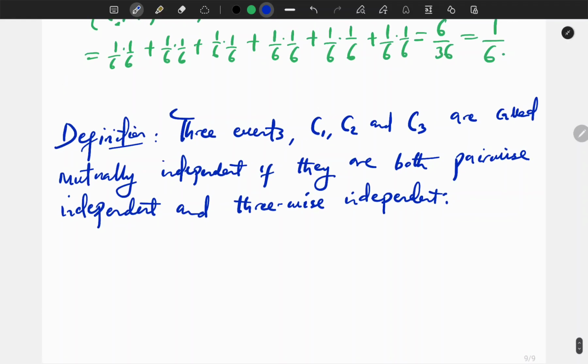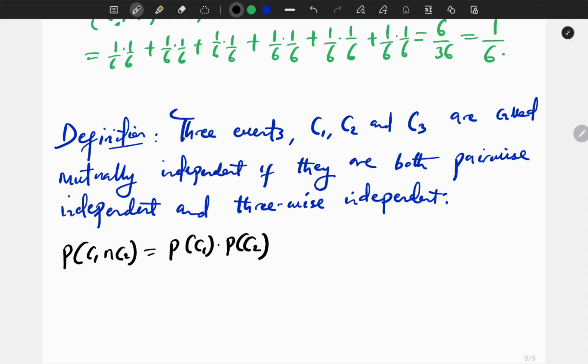So what do we mean by that? The probability of C1 intersection C2 is equal to the probability of C1 times the probability of C2.